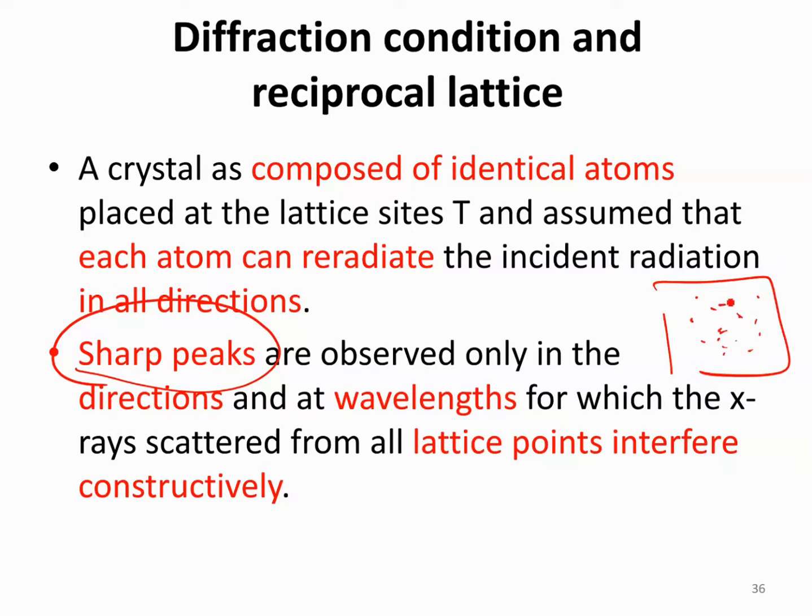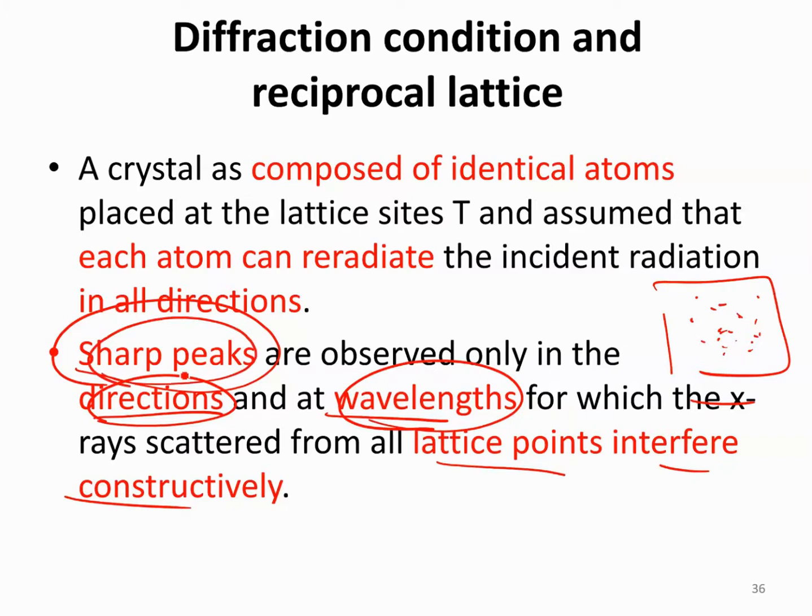In order to get a reflection spot, the direction and the wavelength of the X-ray must make sure that the lattice points will interfere constructively. Therefore, only certain specific directions and wavelengths can produce constructive interference. That means the sharp peak. Okay, if it doesn't meet the requirement, then no reflection will be observed.